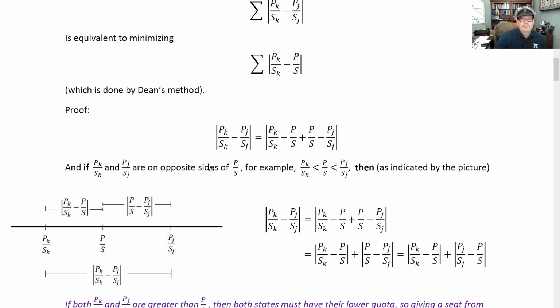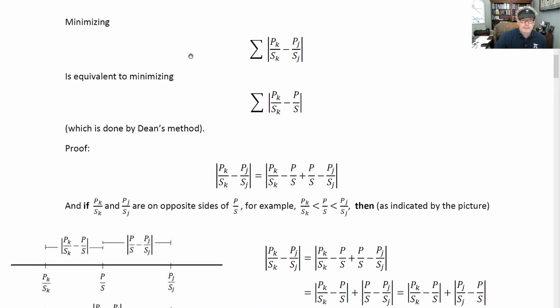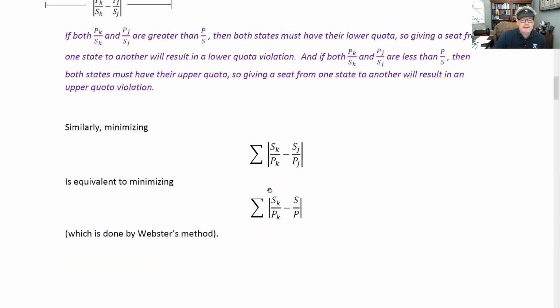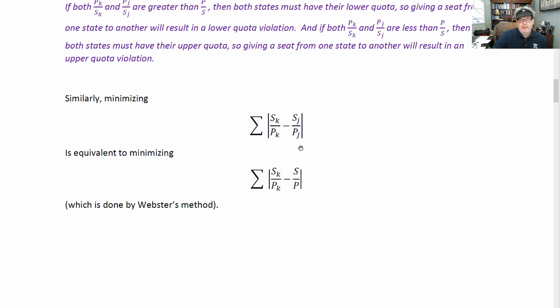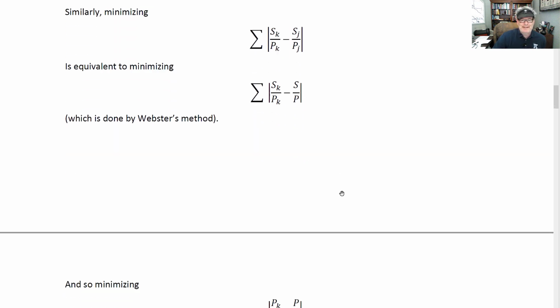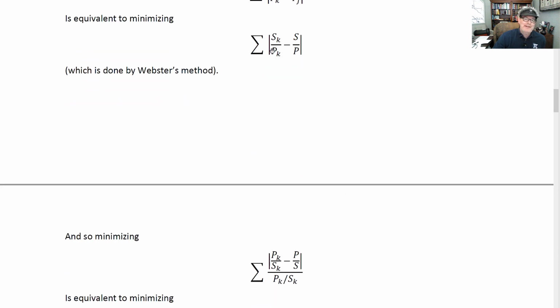And so if you minimize pairwise, you minimize this global thing that I did with the sum. And similarly with the S over P, so Webster does this pairwise, so it'll do this globally, and that's what we saw with the Excel, because it's hard to do this sum. I don't know, you can't really do it, but it's easy to do this sum.